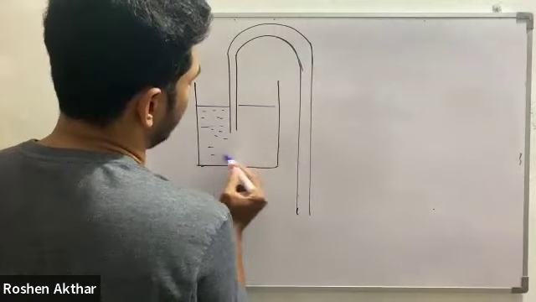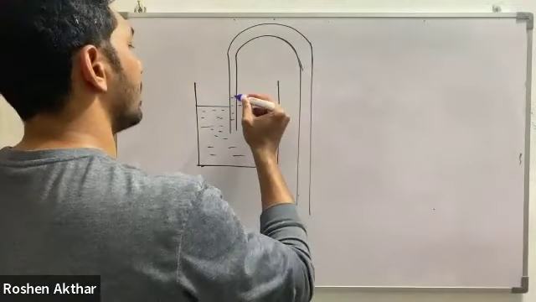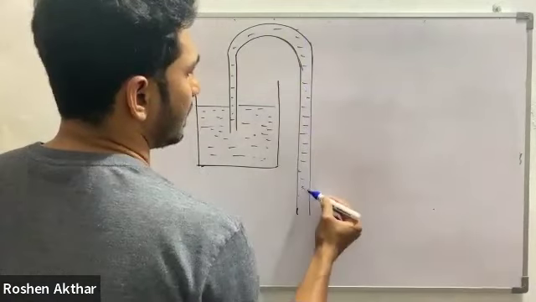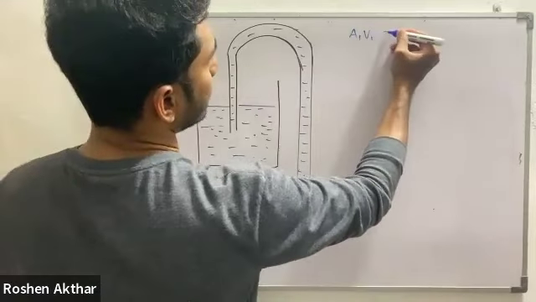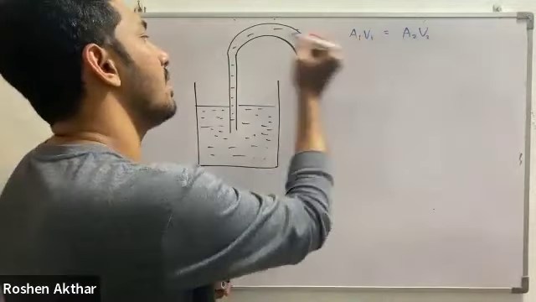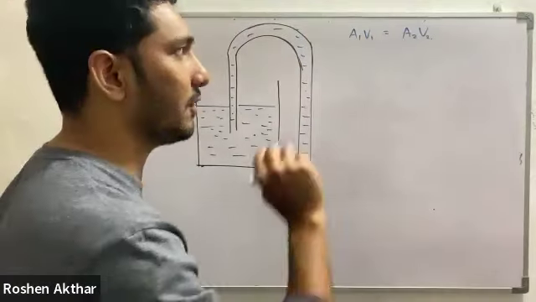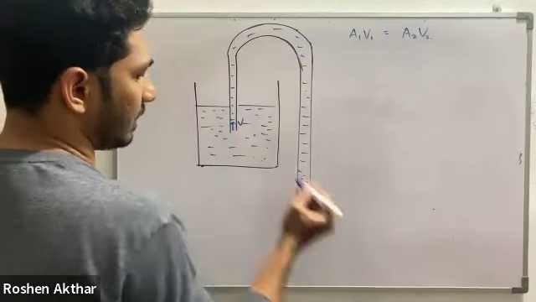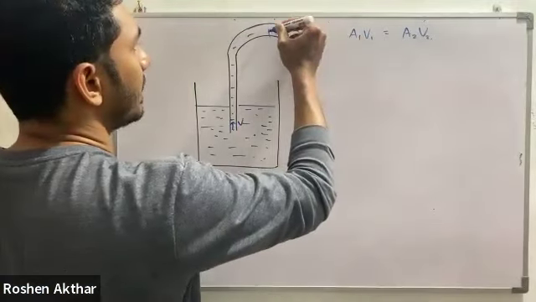The siphon tube has a uniform cross-sectional area everywhere. So when you apply the equation A1 V1 equals A2 V2, the continuity equation, the velocity throughout the tube will be equal, because the cross-sectional area is equal. Let's say that it enters with velocity v here, it goes with velocity v here. Everywhere it's v.